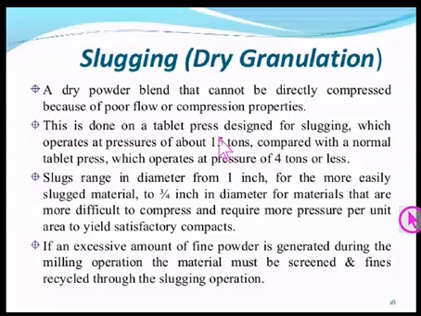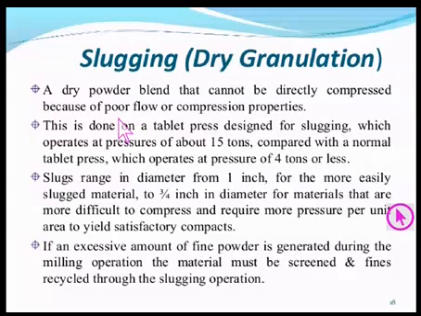Slugging is one of the options available, and we have to try this kind of operation in order to eliminate the problems that are likely to be faced during large scale processing.